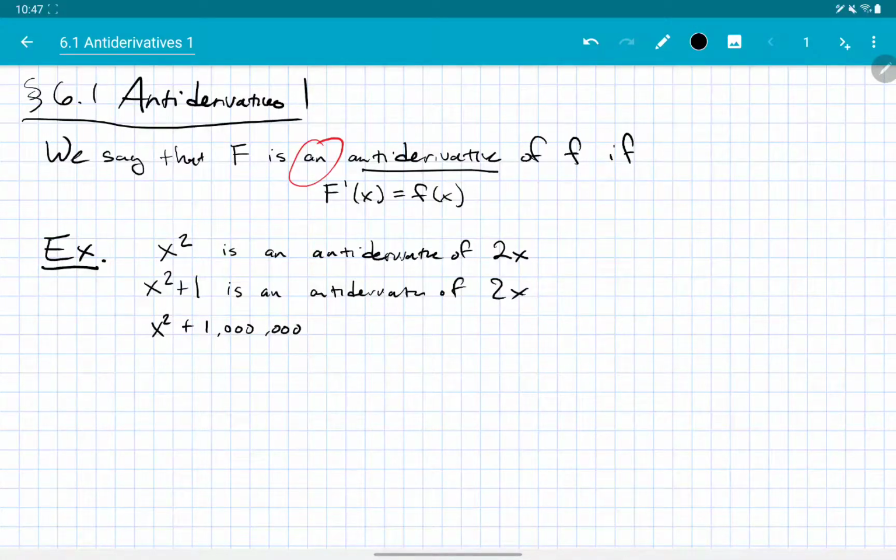All of those functions are functions whose derivative is 2x. In fact, it is true that all antiderivatives of 2x will be of the form x squared plus a constant. It may not be obvious why that's true, but it is true.